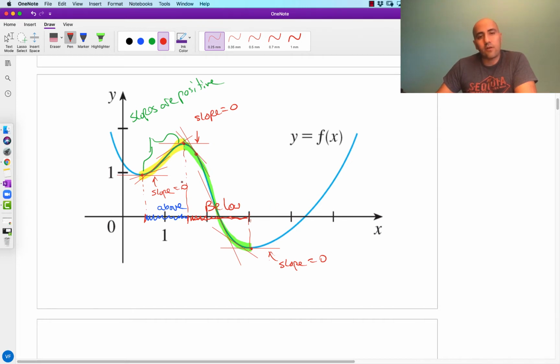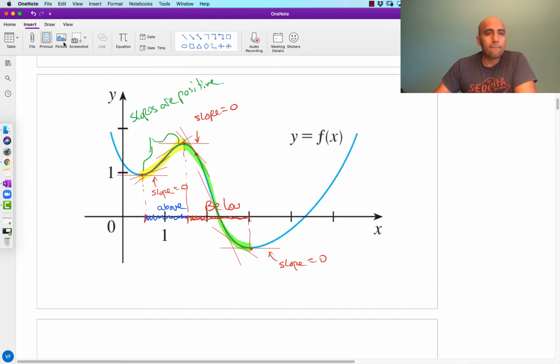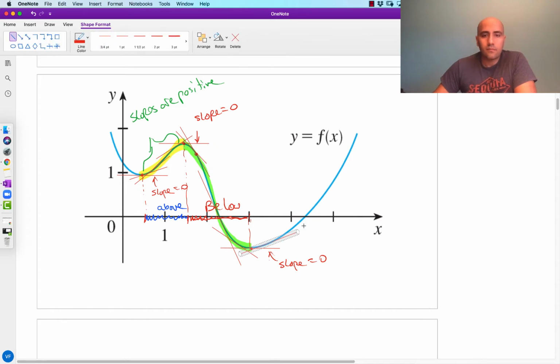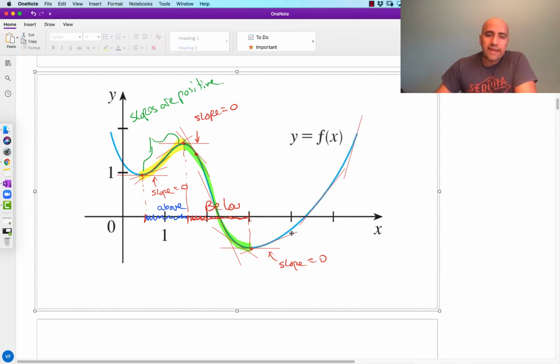And now what about in this zone? If we think about all the tangent lines in this little zone over here, we can draw tangent lines that connect this way. I can draw tangent lines that extend out this way. And again, we can see that they are all going to have a positive slope going this way, right?